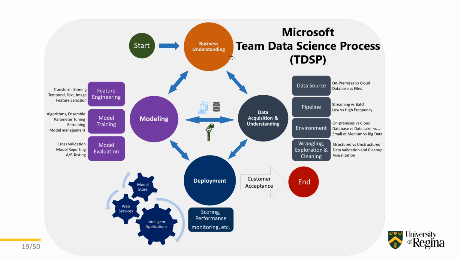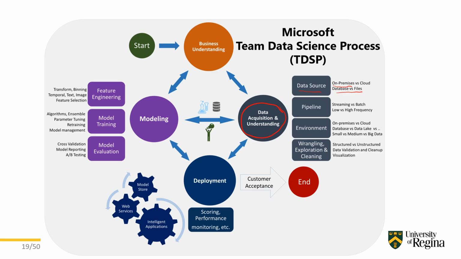After you understand what the business needs are, you can start getting access to the data and try to understand it. You may want to start accessing on-premise and cloud databases and files. You need to make sure that you have access to what you need.